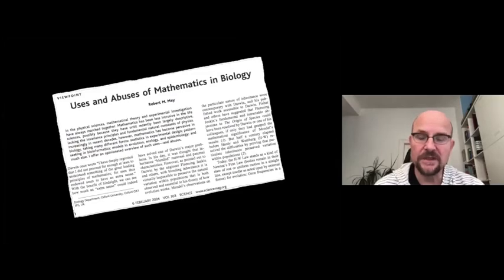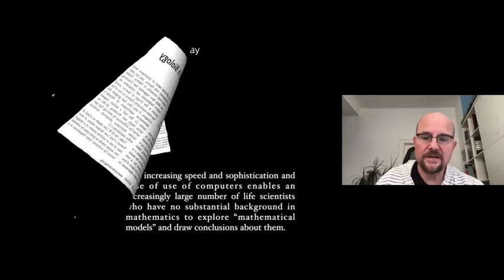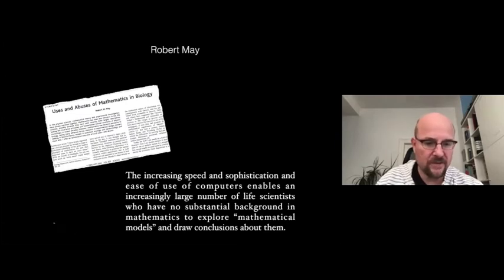And he recently passed away, which is very sad. But he wrote, also a physicist by training, he wrote a couple of years ago this paper, and I advise everyone to read it. It's called Uses and Abuses of Mathematics in Biology. And in it, he says, which I cannot read because now your faces are covering this. I'm going to push you up here.